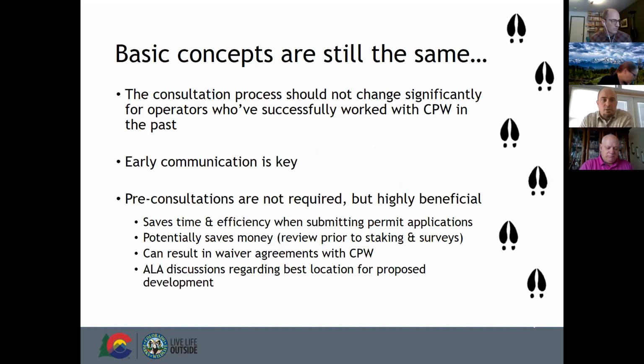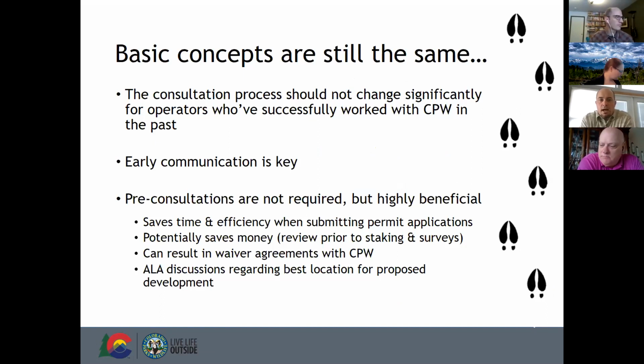All right, so I thought it was important to note that going forward, wildlife consultations with CPW should largely still be the same. The structure should still be similar. For operators that have worked with us successfully over the last few years, I think they'll find that our concerns and our approach to these consultations really are still the same as we work through some of the concepts in the new rules.